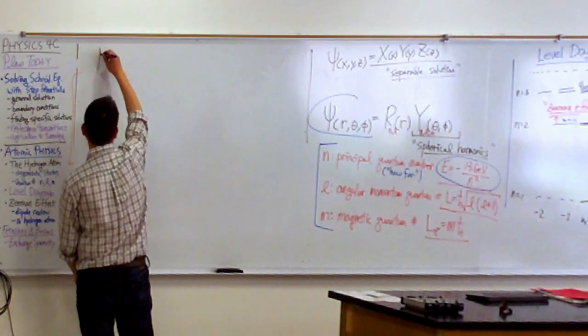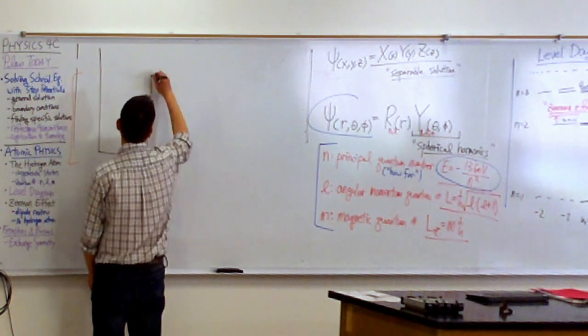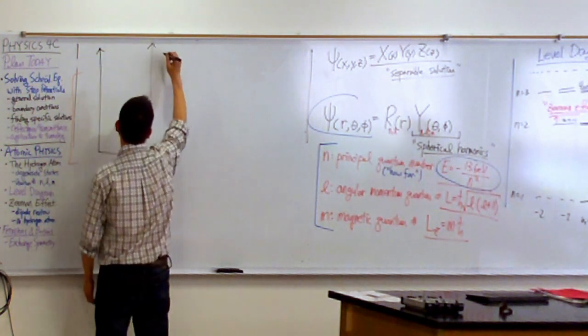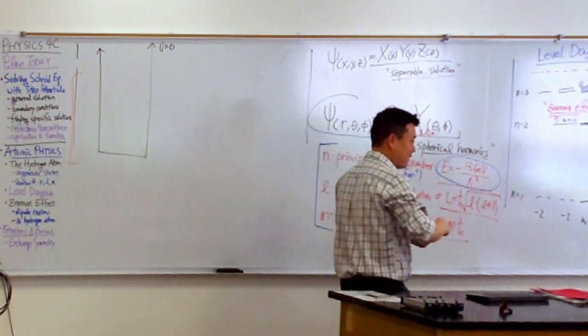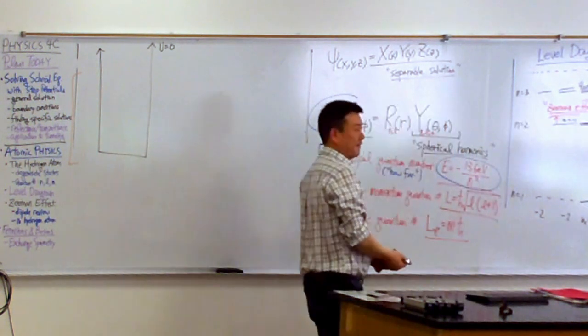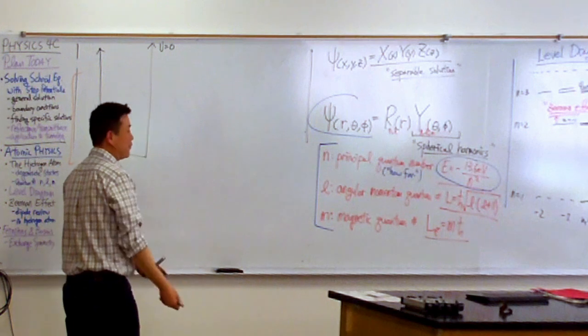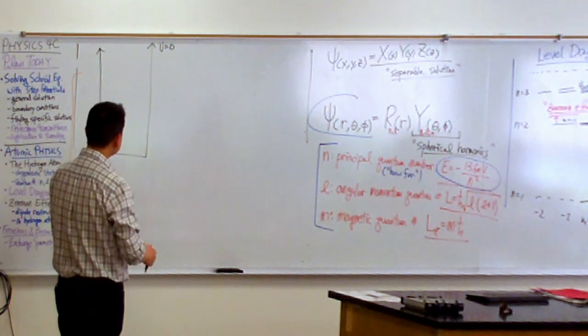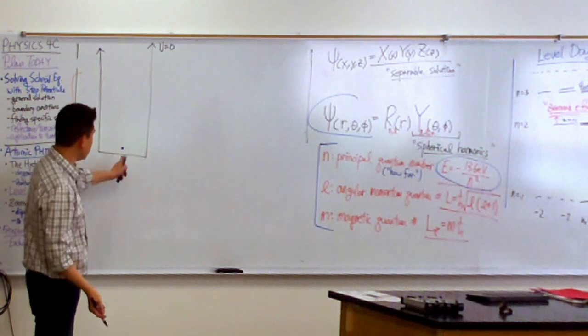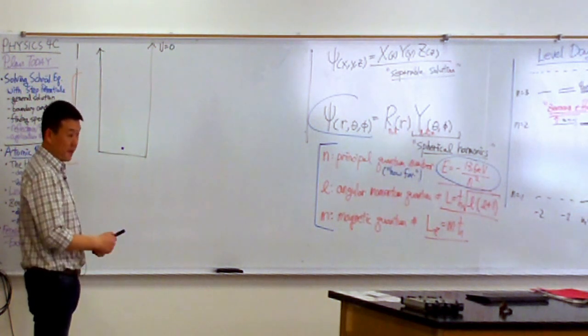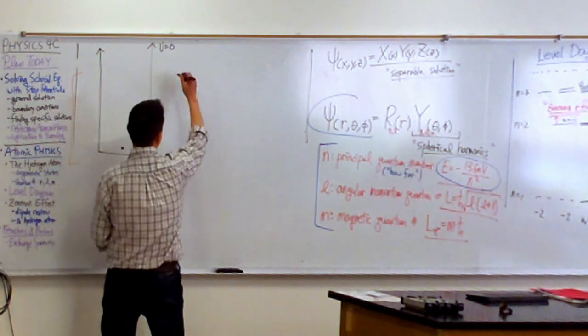So let's say you have an infinite square well. I want you to ignore for now, if these particles have zero charge, how am I confining them to a square well? Ignore that for now. If we have a single particle, then you know what kind of state this single particle can have, right? You've seen this before.